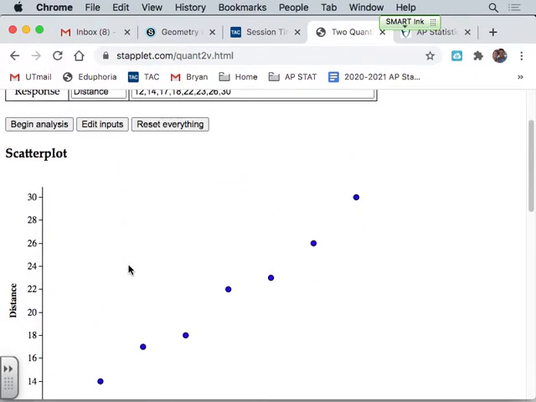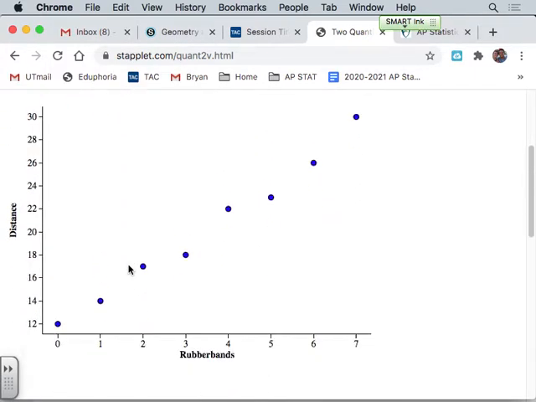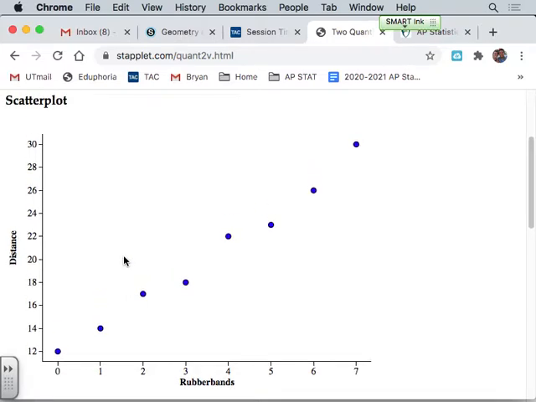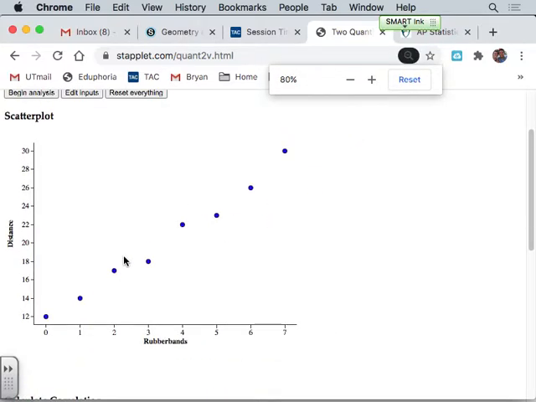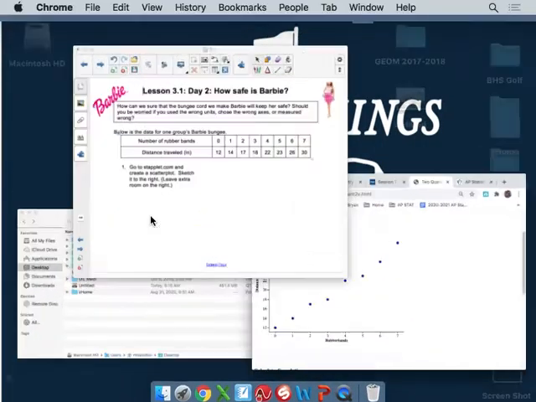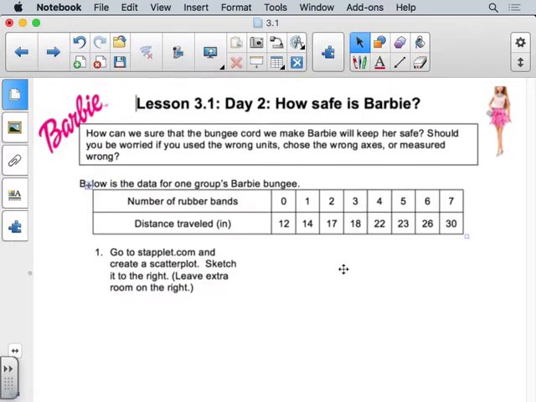Okay, so we're looking at this. Go to Staplet. I want you to sketch this on your notes. So do your best little sketch here to the right side.